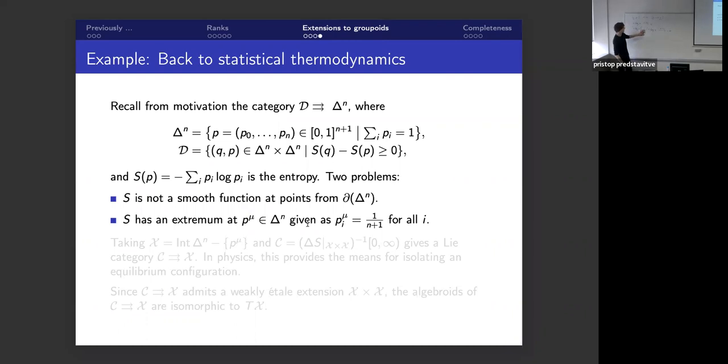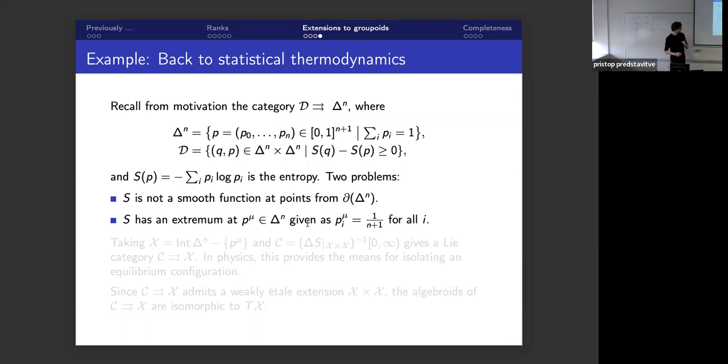So this computation is saying that it's not going to be extendable to a smooth function on the whole n simplex. That's the rationalization why it doesn't even make sense to talk about smoothness at those points from the boundary.